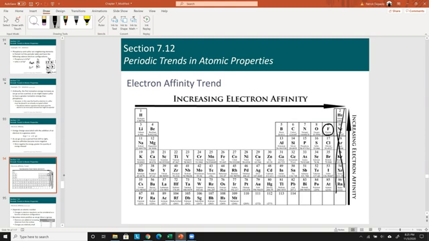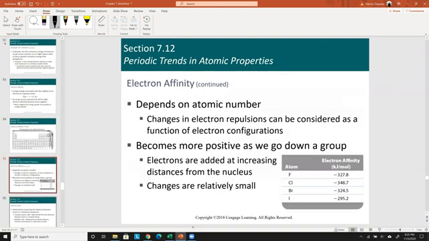And then as you go to the left, it decreases. It depends on the atomic number, right?